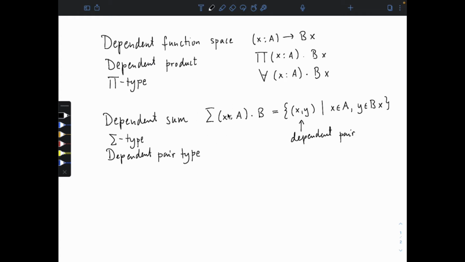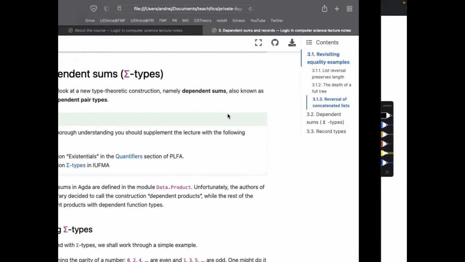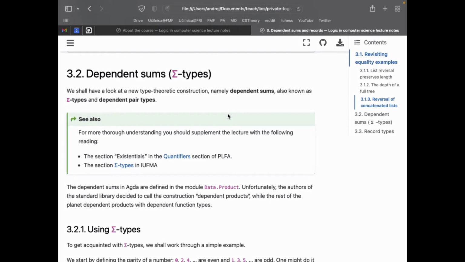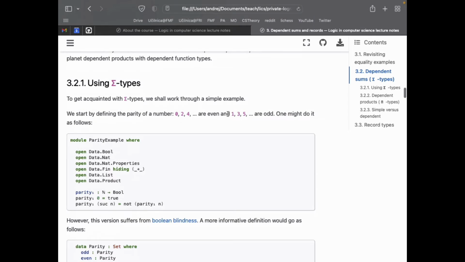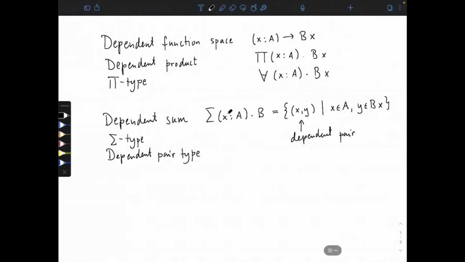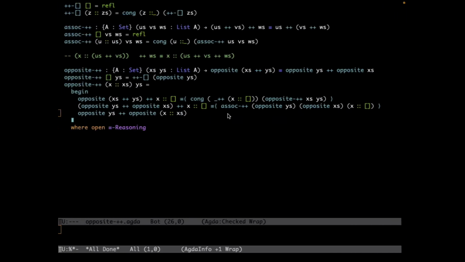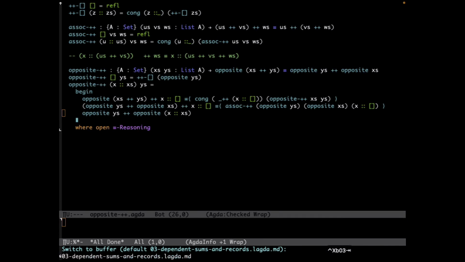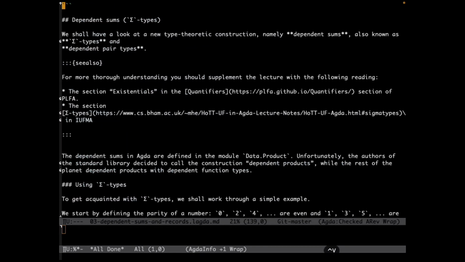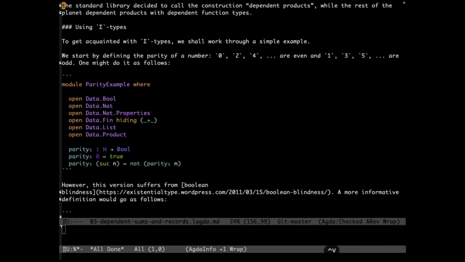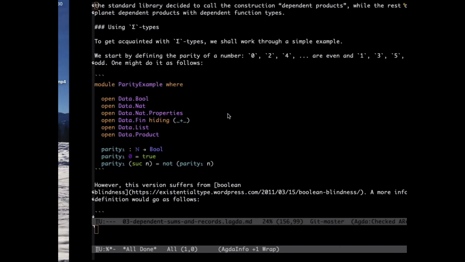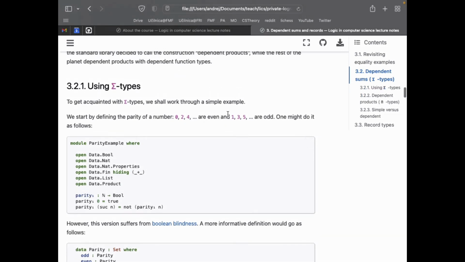Let's have an example of this, just to get some feel for it. Let's do this parity example. I think I can do this directly in the lecture. By the way, there's lots of good texts on sigma types.